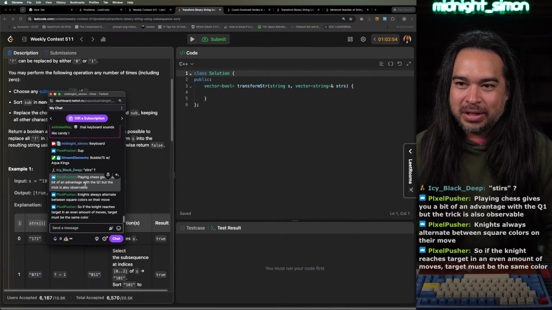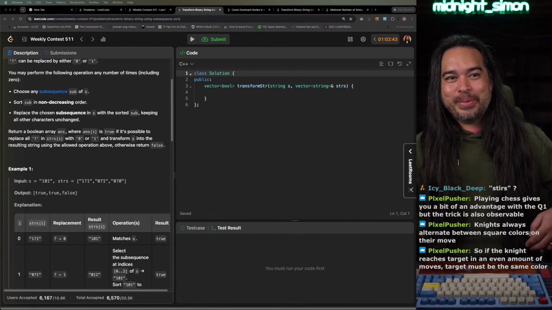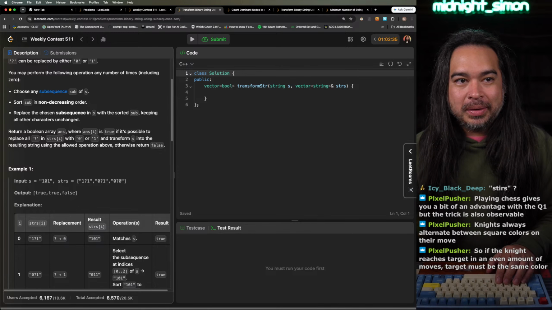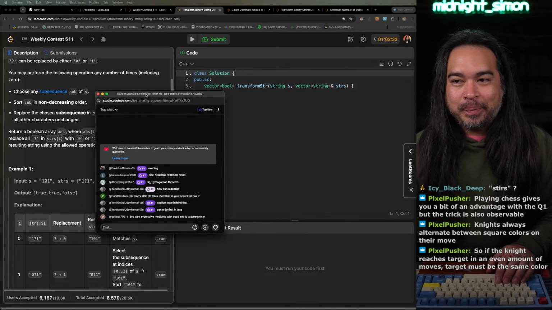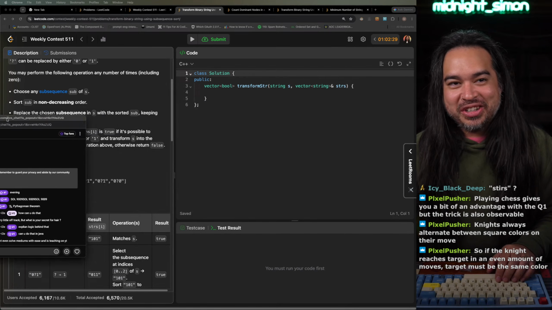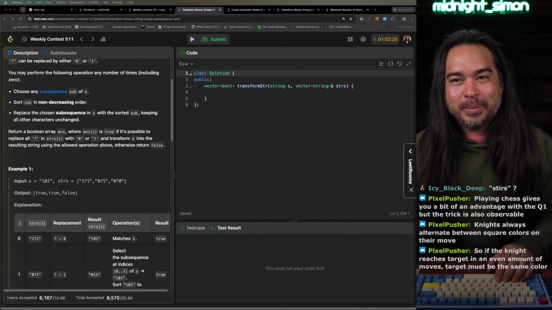If a knight reaches a target in an even number of moves, the target must be the same color. I guess that is a little sneaky, but I don't play any chess. Can you do that in Java? No, I don't know any Java, man. Bro can't even solve mediums with ease and is teaching on YouTube. Yeah, that's how it is sometimes.